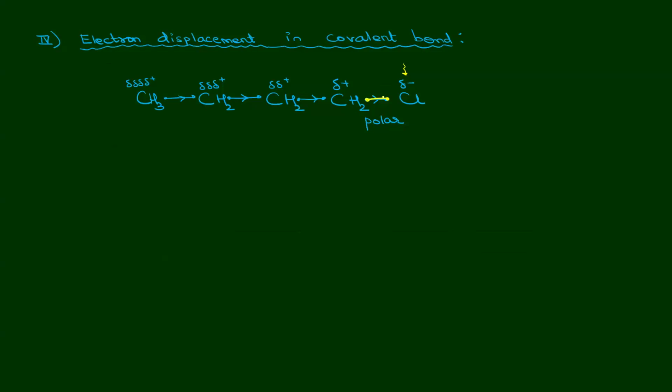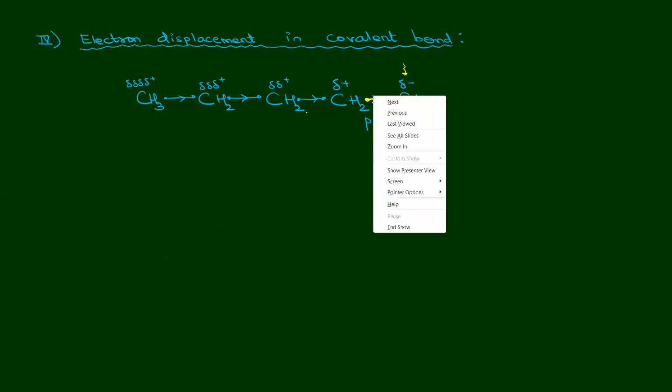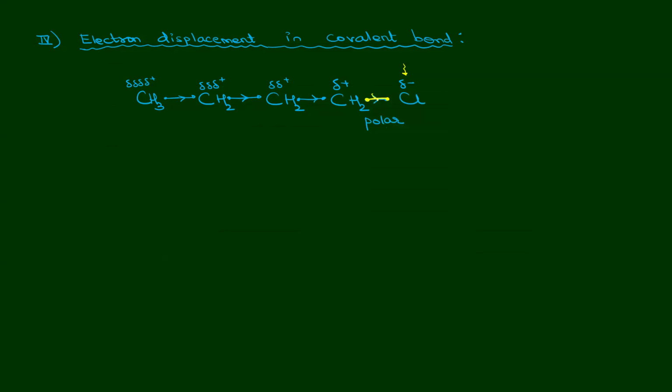Of course, chlorine being more electronegative has more power to attract the electrons, due to which the rope would be more shifted towards the chlorine atom, and the highest effect will be on the person who is holding the rope. The person who is at the last would have the least effect of the attraction by the chlorine atom, and that is what is indicated by the small positive charge on the carbon atom.